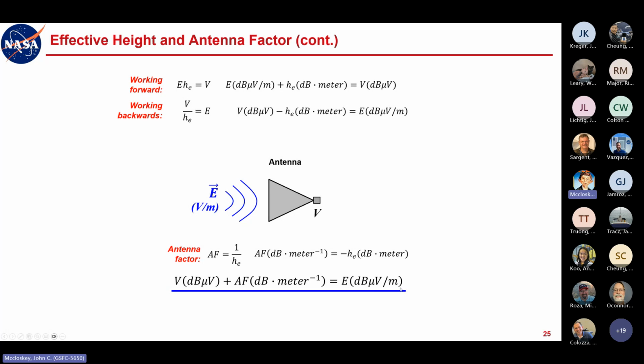It seems pretty straightforward, but it is a remarkably easy thing to get wrong. If what you have is the effective height, and that's what you enter into your measurement software, you're going to get very goofy results. So you need to make sure that you're entering the number into your measurement software that it's expecting.